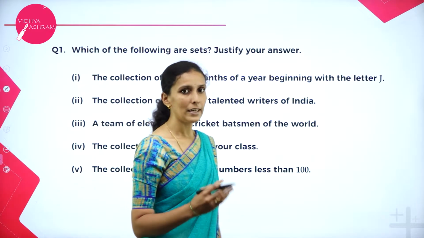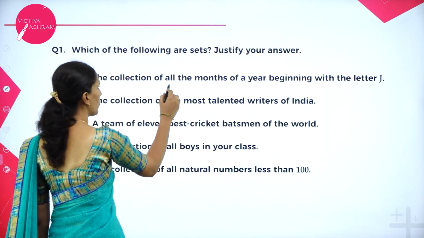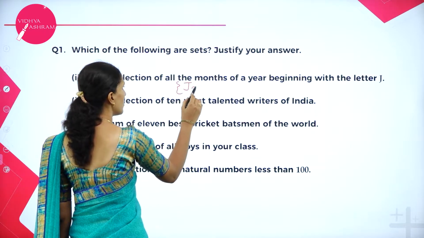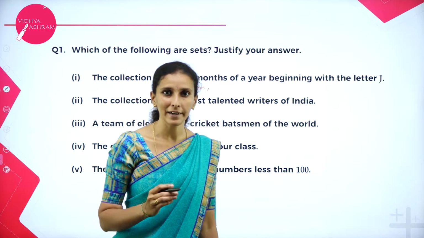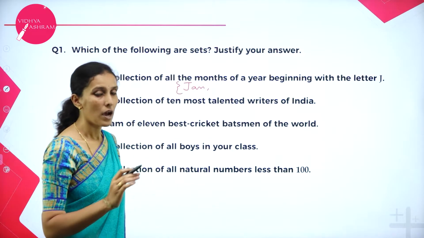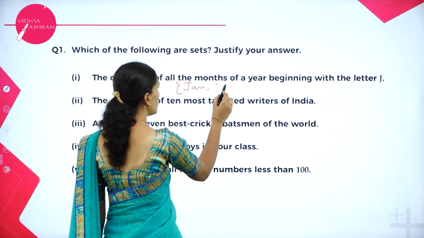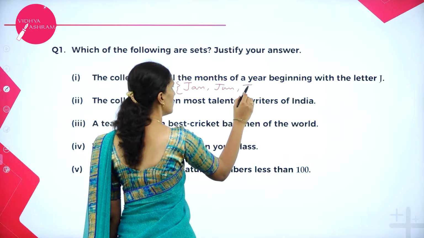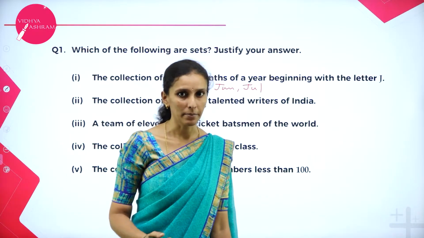So what are the months which are beginning with the letter J? The first one is January. So February, no, it is not possible because the starting letter is F. March is not possible. April, May. So June, July is possible. June, July, August, September, October, November, December.